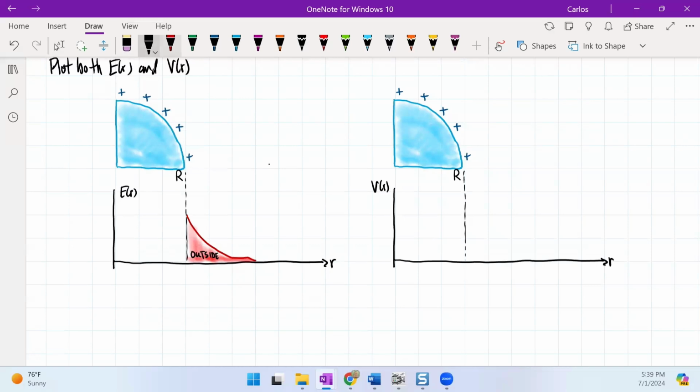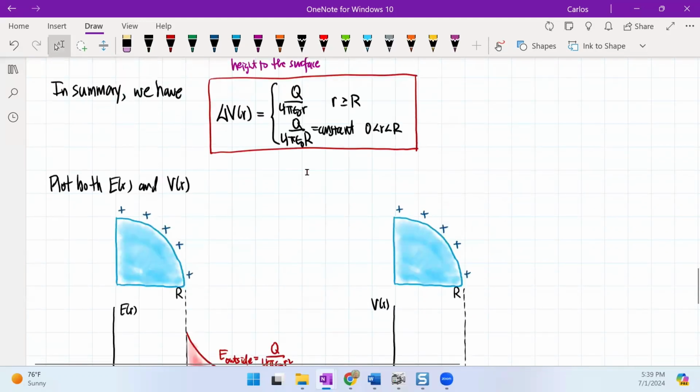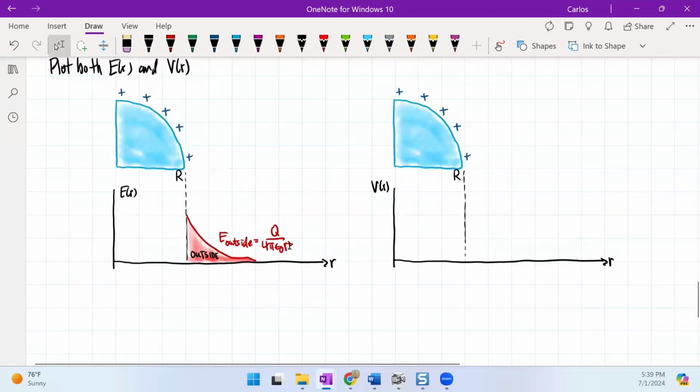And as we look at the outside, we see that the electric field outside is equal to q over 4 pi epsilon r squared. So when I look at the potential, it is a function of 1 over r, not 1 over r squared. So what's going to happen?